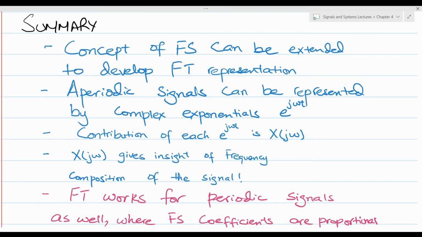So in our discussion about the Fourier transform, we have put a lot of emphasis on the representation of aperiodic signals by complex exponentials. But why is this so important? Even representing the aperiodic signals by these complex exponentials motivated us to develop the Fourier transform representation.